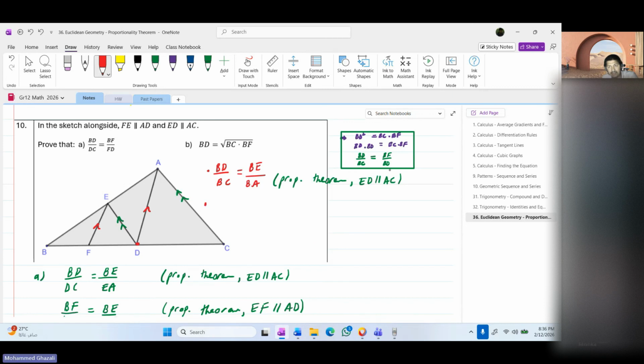For the next one, I need BF to BD. It's the same thing, it's just repeating process A. BF to BD is the same thing as saying BE is to BA, and that's the prop theorem from the second part.